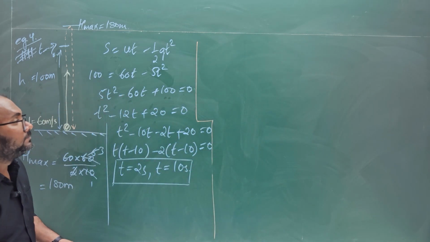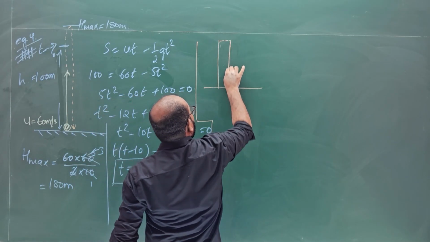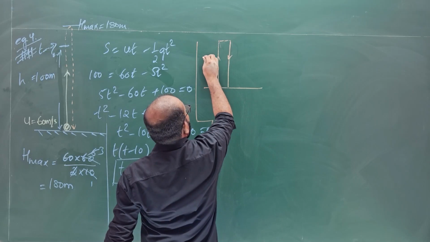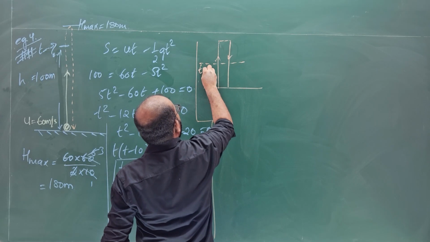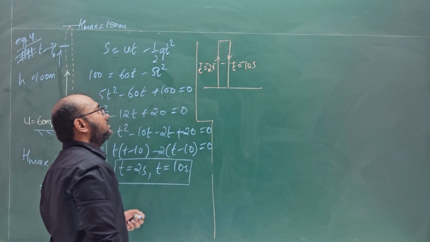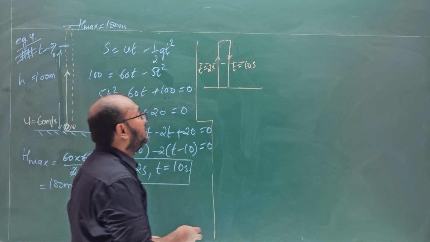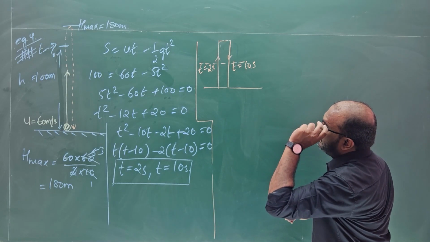Okay. Now, at this point, let t equals 2 seconds. At this point, t equals 10 seconds. Okay, a single point can have 2 time values and both the time values are positive. Let us check, is this valid for all things?